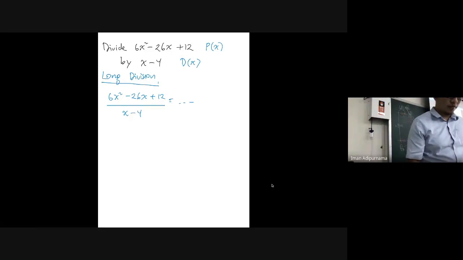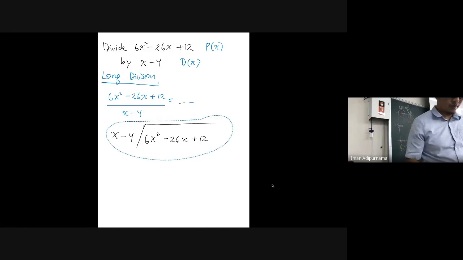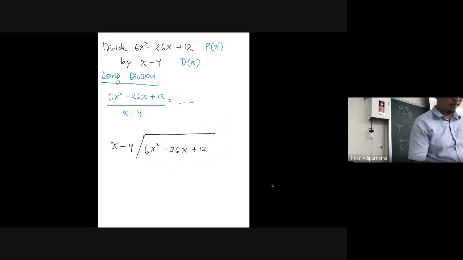The method is just like elementary division. So you write all the polynomials, the p(x) and x minus 4.